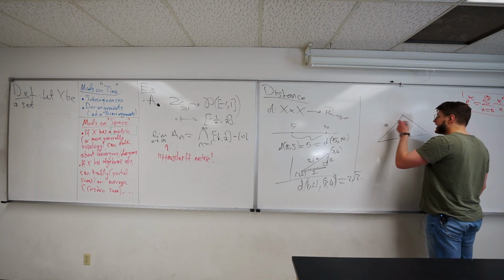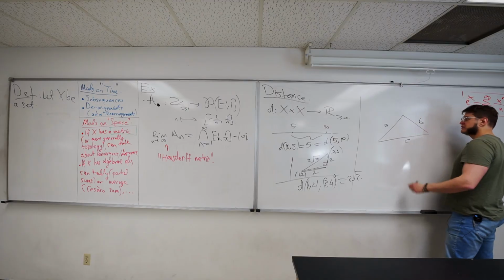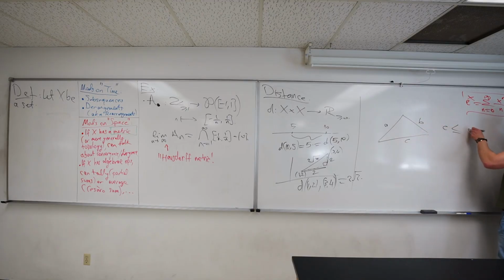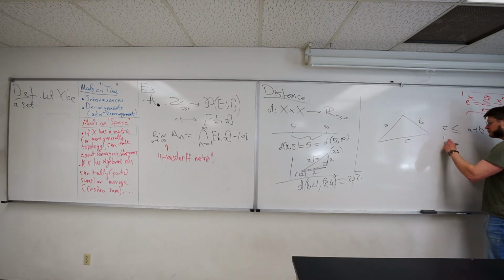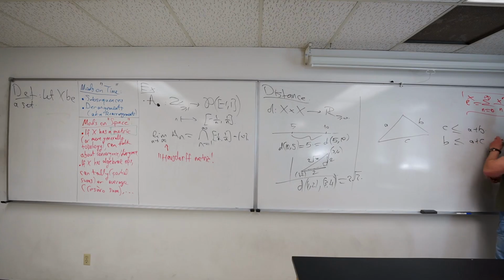If this has length A, this has length B, this has length C, then C is less than or equal to A plus B, no matter what the triangle is. Okay? And this is symmetric in a sense. So B is dominated by A plus C, and A is dominated by B plus C.